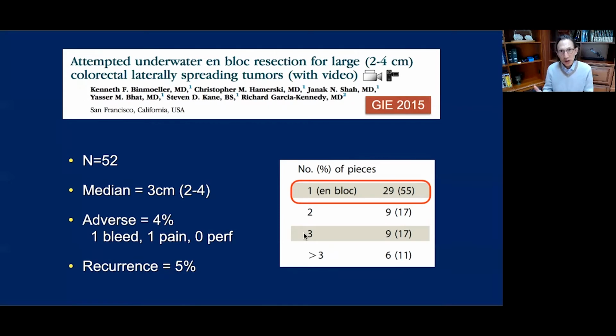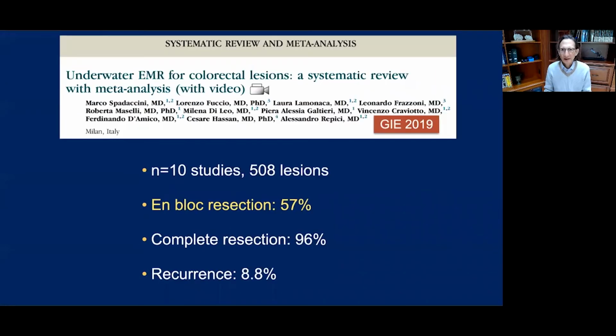So the goal was en bloc, but sometimes we had some residual on the edges. This, I think, is very different from a piecemeal technique. Here it's en bloc attempted with trimming if there's some residual on the edges. Our recurrence rate was only 5%.